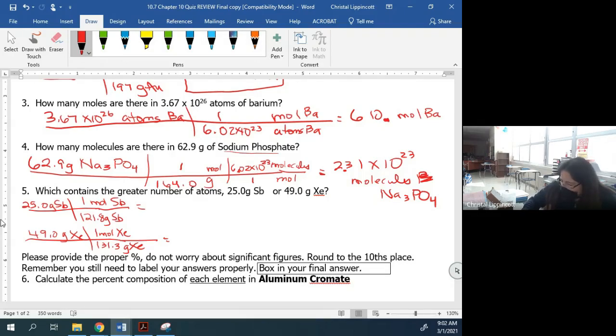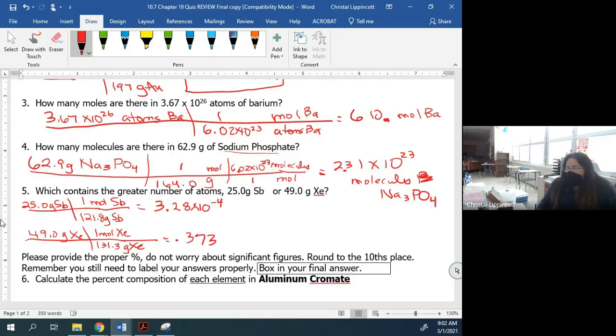Plus, I also save myself the chance of typing in something wrong in my calculator, because it's common that you make errors, just like I did. I typed that in wrong. When I typed this into my calculator, I put times instead of divide, so I screwed that up. But it's okay, because all I have to do is the reciprocal, and then I get the right answer. 0.413, and this one ends up being 0.373.